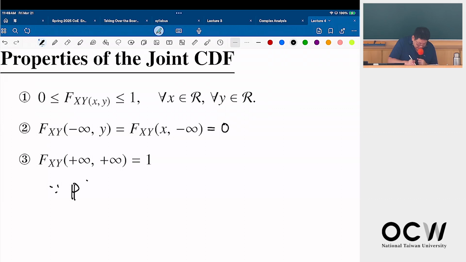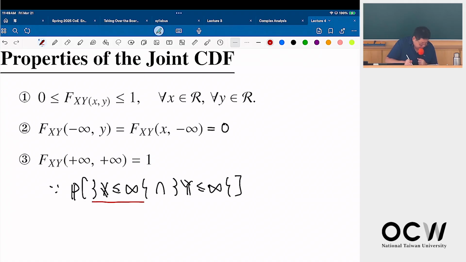The probability of x less than or equal to infinity intersect y also less than or equal to infinity. This is the sample space, and this is also the sample space.